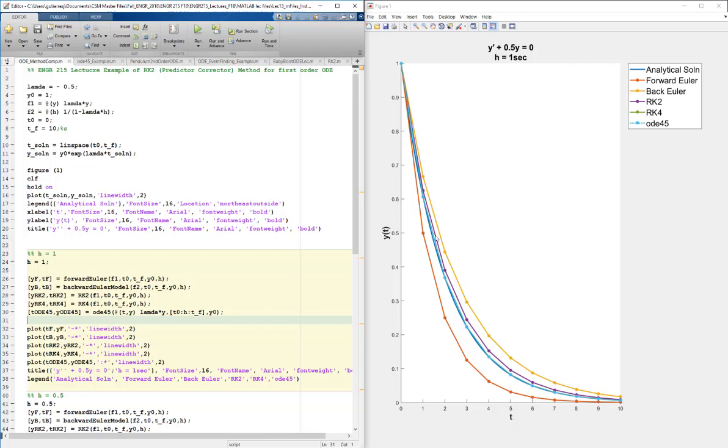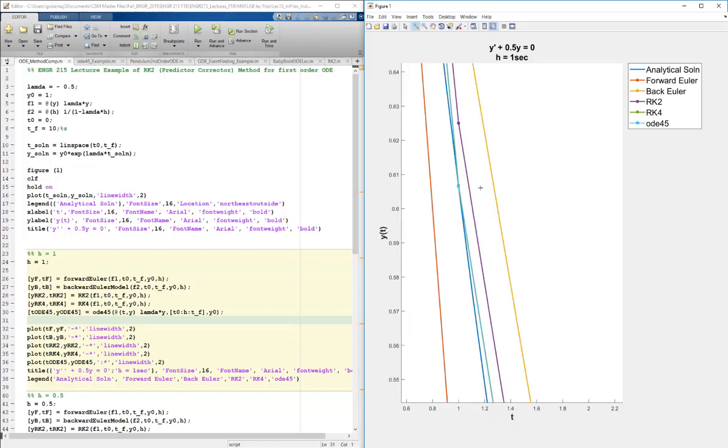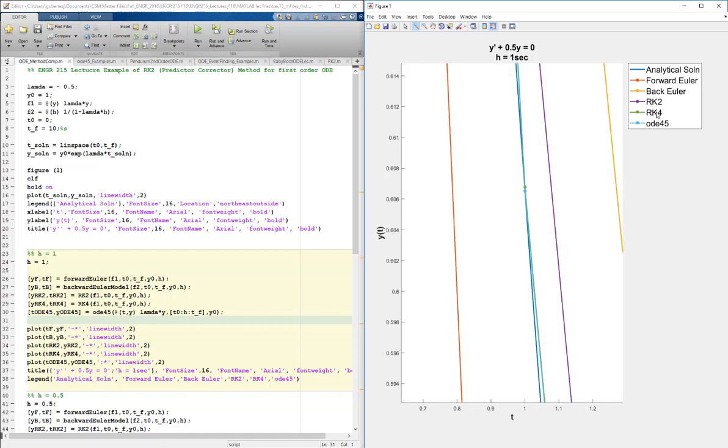Even though we have a large time step, we have a very good evaluation of our numerical method for this ODE. And you can hardly tell the difference with RK4. If I zoom here, you can't even see RK4. That's because it's right on top of our numerical method from MATLAB, which uses RK45.